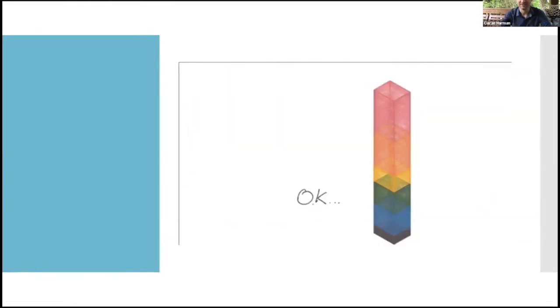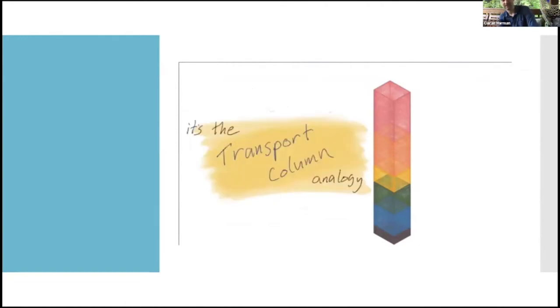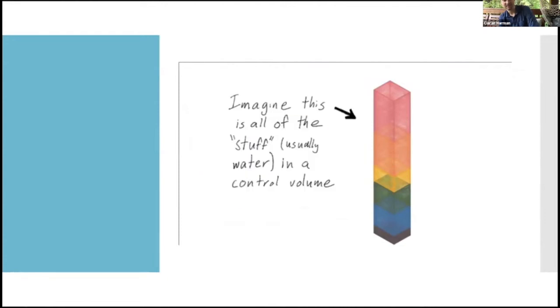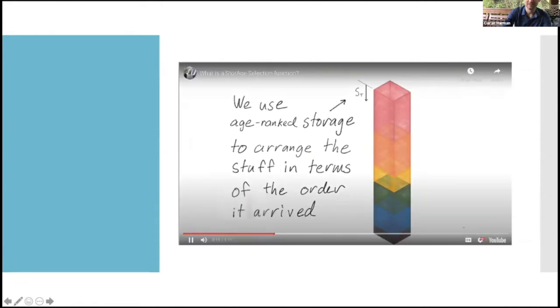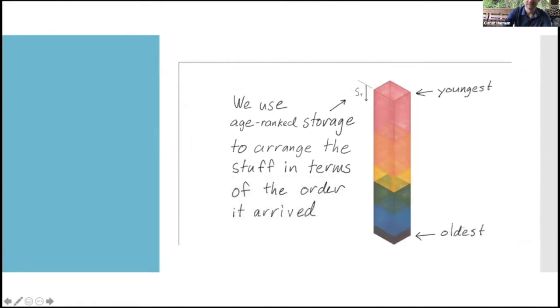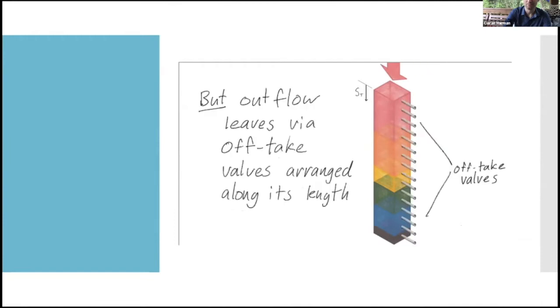Okay, so there's an analogy that can help us understand. It's the transport column analogy. Imagine this is all the stuff, usually water, in a control volume. We use age-ranked storage to arrange the stuff in terms of the order it arrived, with the youngest at the top and the oldest at the bottom. New stuff arrives at the top of the column, like so. But outflow leaves via imaginary offtake valves arranged along its length, like this.